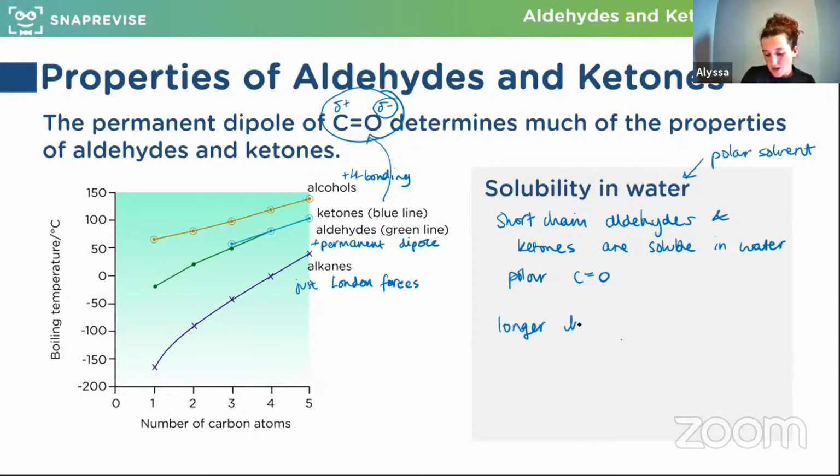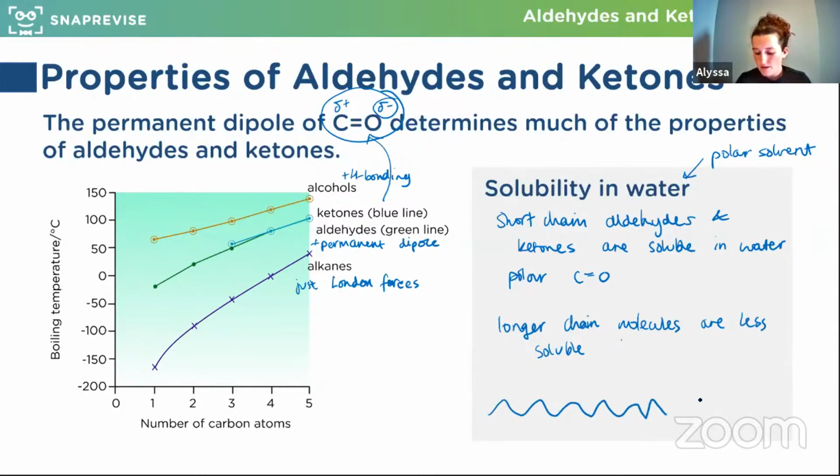Why are our longer chain molecules less soluble? If I've got a lovely long chain aldehyde, why are they going to be less soluble? Yeah, good. We've got more van der Waals forces, or more of the chain is not polar. A large proportion of the molecule is not polar.